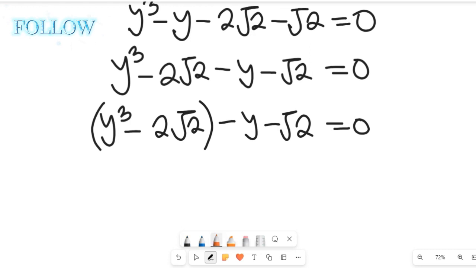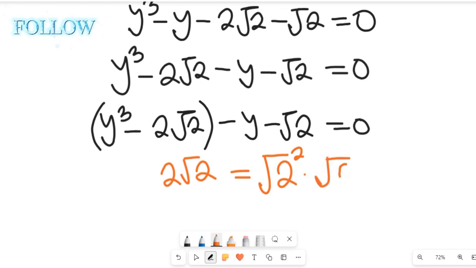In the law of indices, if we have 2 root 2, 2 root 2 can be equal to, we will have root 2 squared is equal to 2, right? Multiplied by root 2. This is still equal to 2 root 2.